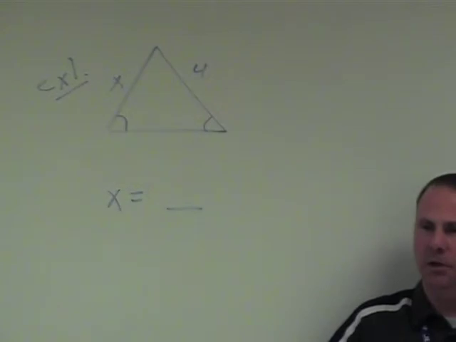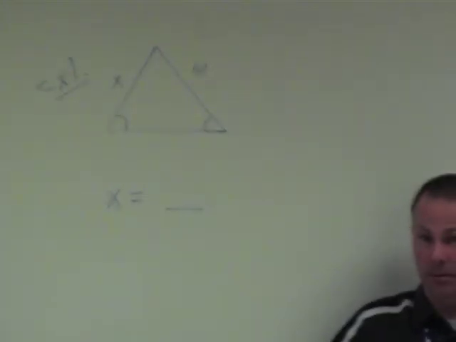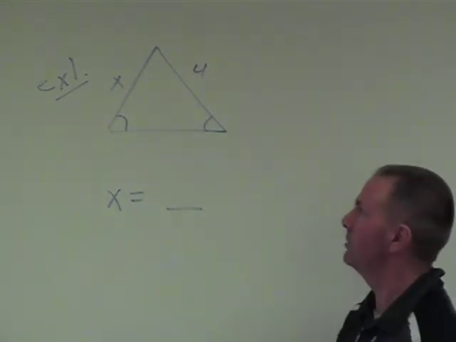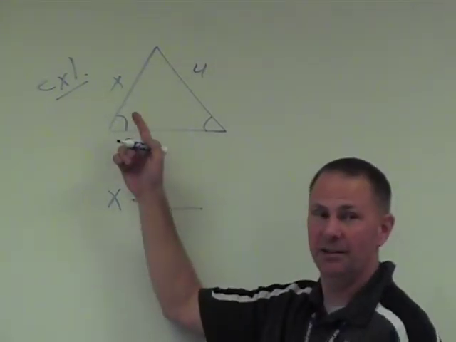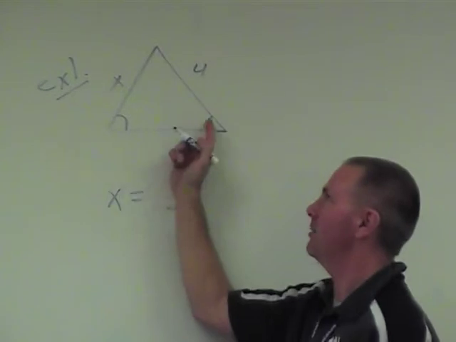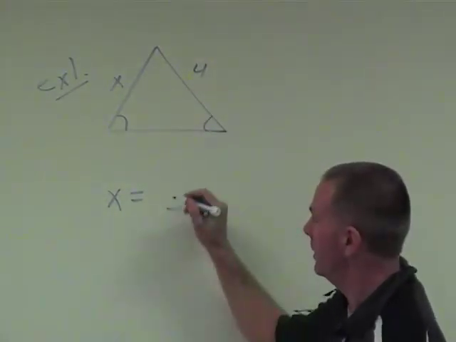Why does it equal 4? Theorem 4.7. The base angles theorem, yes, thank you very much. Base angles theorem, converse, right? Converse to the base angles theorem. So given the angles, that means the sides must be the same. So x equals 4 here.